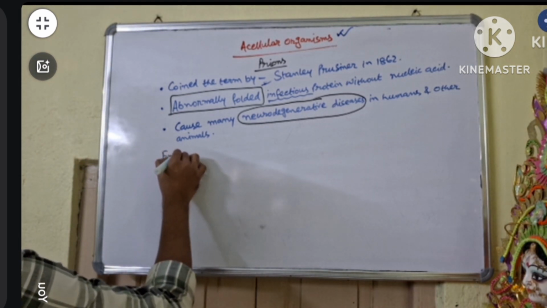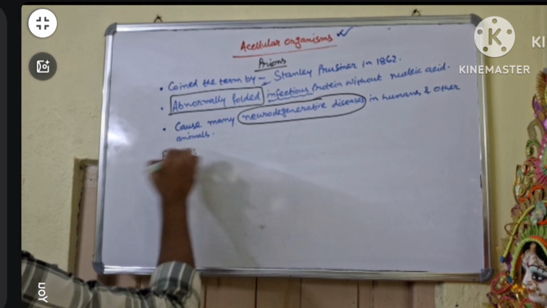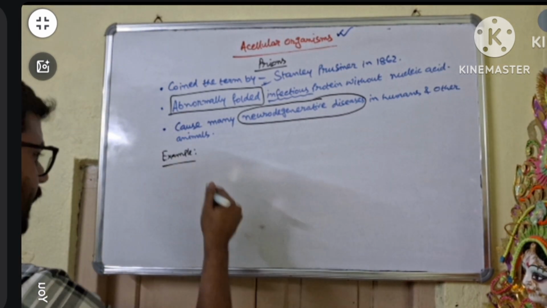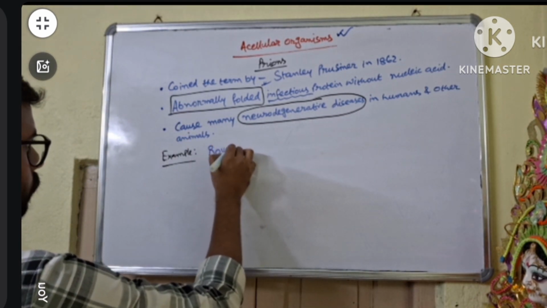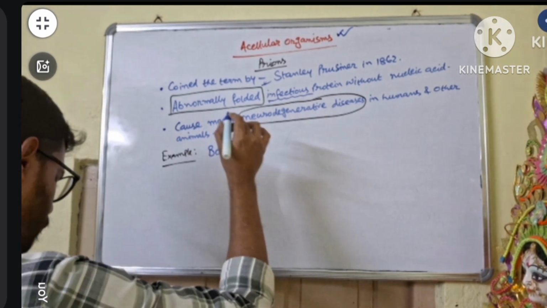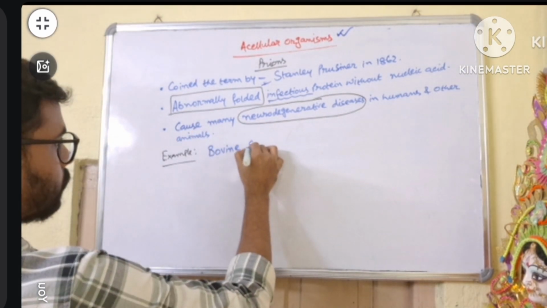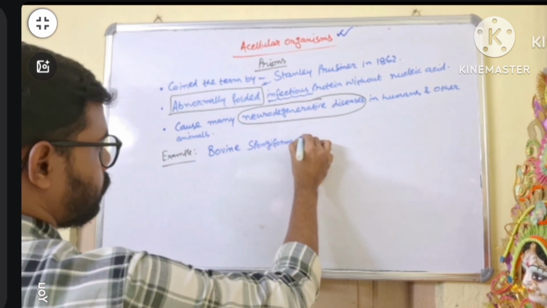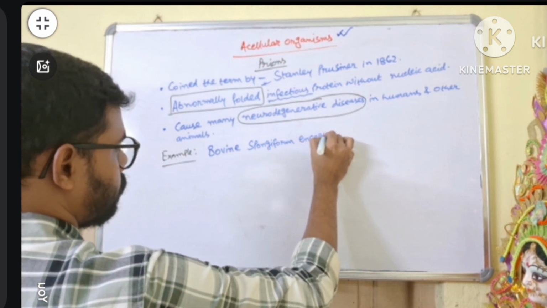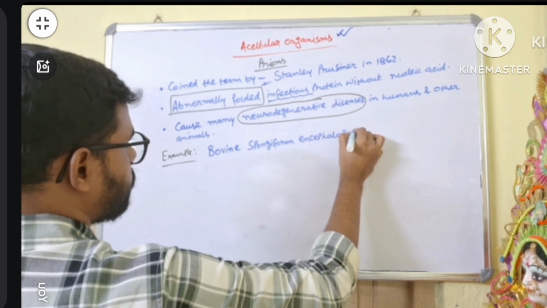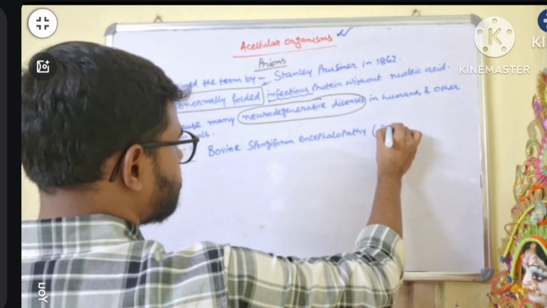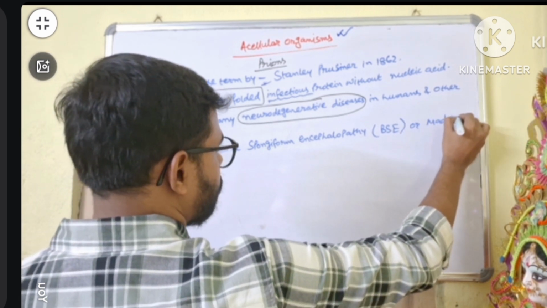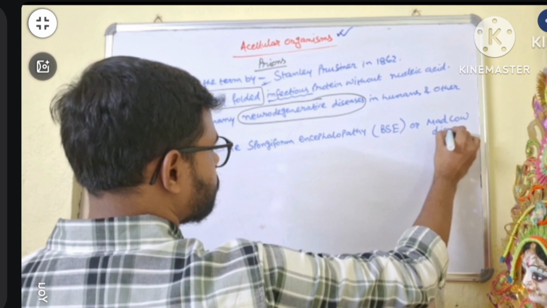And some examples of prion-related disease: bovine spongiform encephalopathy, short form BSE, and the common name is mad cow disease.